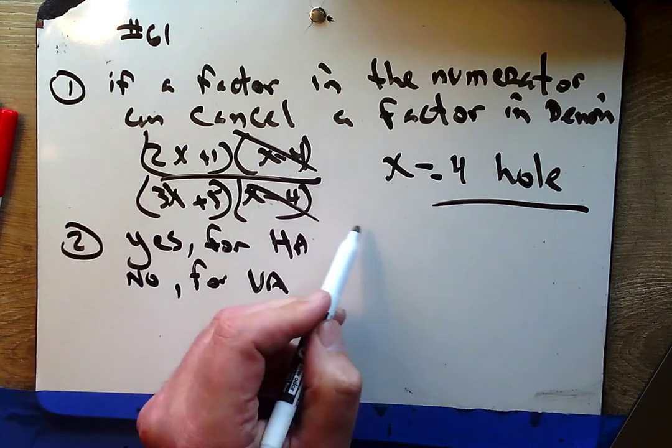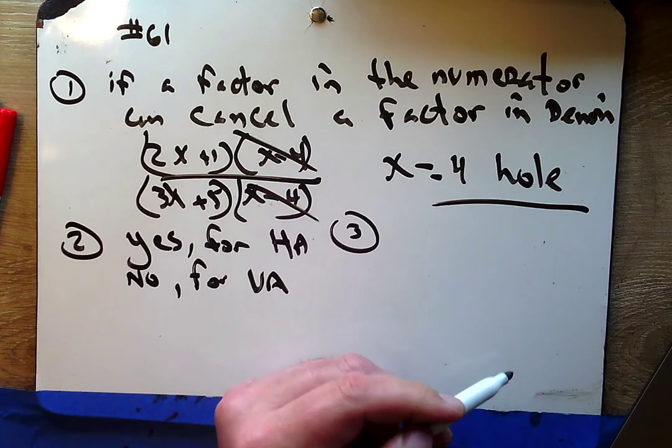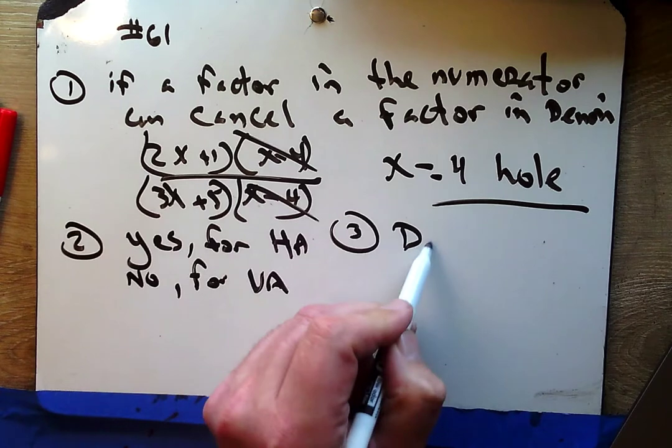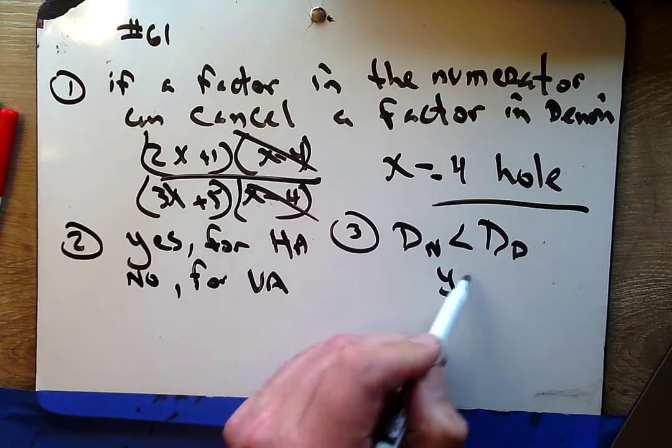3. When trying to figure out horizontal asymptotes, what are the 3 different situations you need to think about? Well, if the degree of the numerator is smaller than the degree of the denominator, then y equals 0.